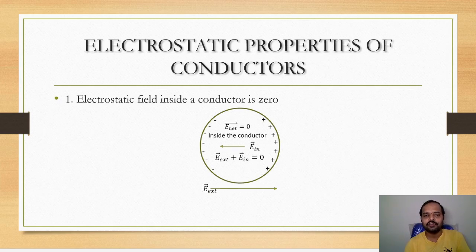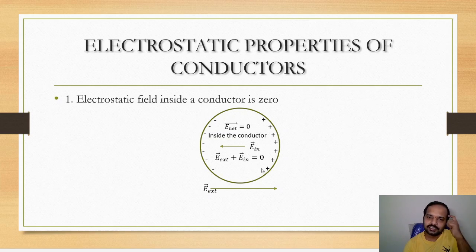Very simple. Whenever we are going to apply some external field, that is, when the field is applied externally to a conductor, that is a solid conductor, for example, I have taken a sphere over here. Now you can see that the external field is from left to right, and due to this the charges actually get accumulated on the opposite ends of the conductor.